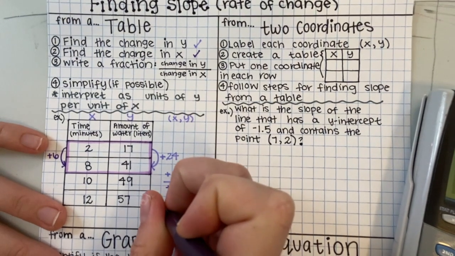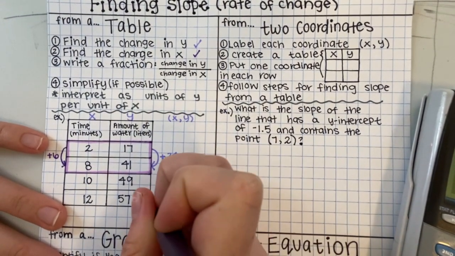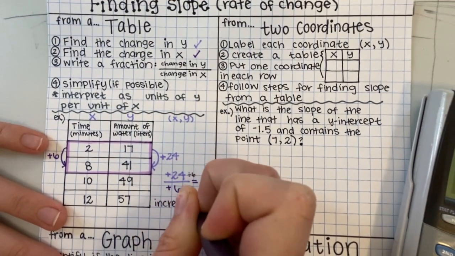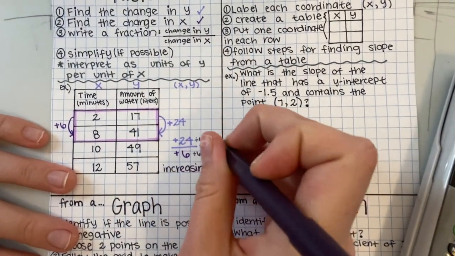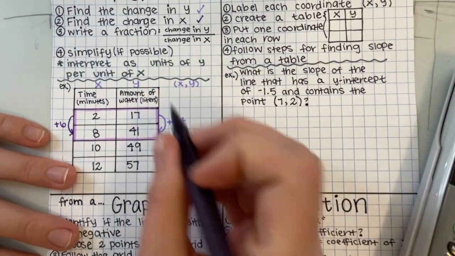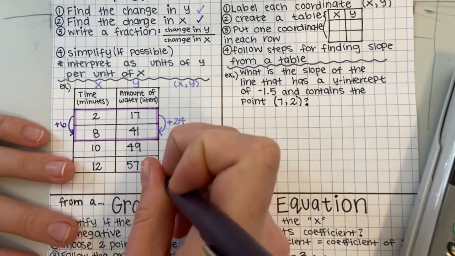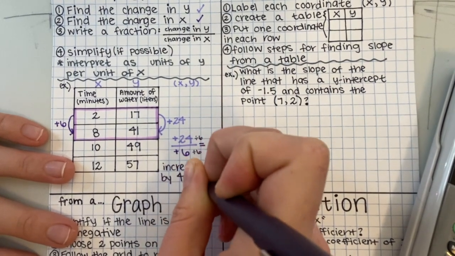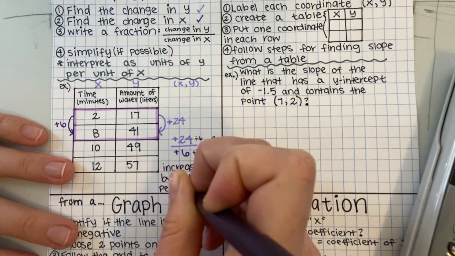So what is happening is we are increasing by 4 liters, because that's my top number and that is my y. So interpret as units of y. So we're increasing by 4 liters per 1 minute.